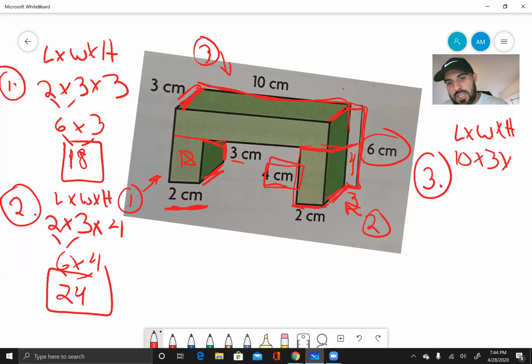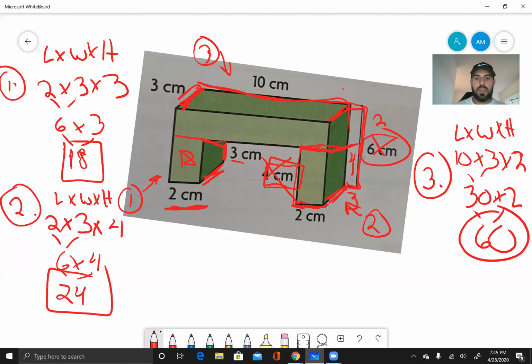But since I cut it, I already used 4. So 6 minus 4, I have 2 centimeters in height. So 10 times 3 is 30, times 2 is 60. And I'm done. So this was 24, this was 60.